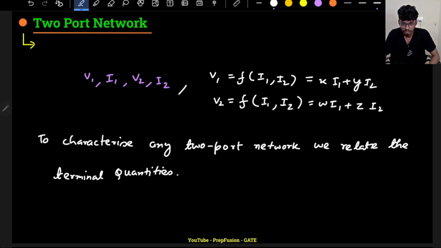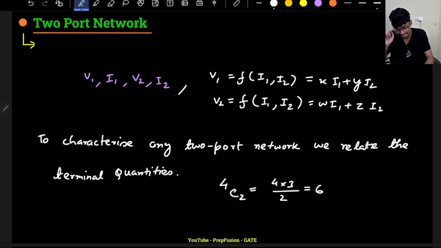Basically any two will be independent of each other and the other two will be dependent on those two independent variables. So how many ways can we choose any two variables out of a total of 4 variables? I have 4 variables, and I want to choose any two to characterize my two-port network. So it is 4C2, which is 4 into 3 divided by 2, equal to 6.